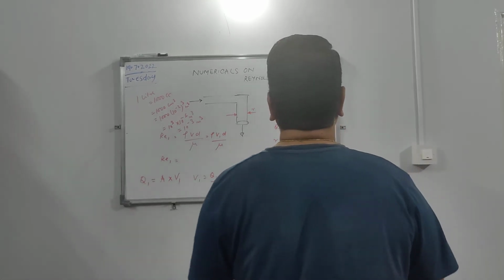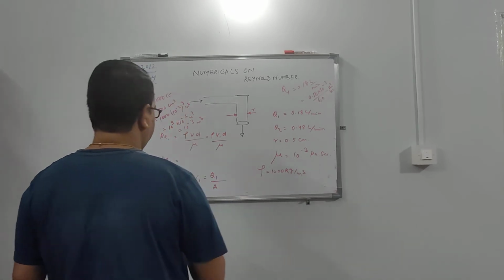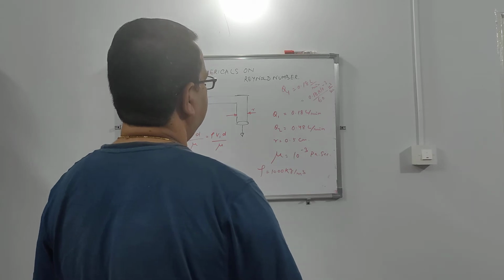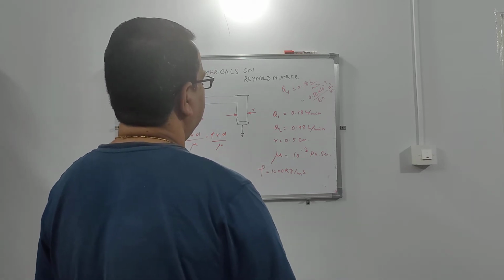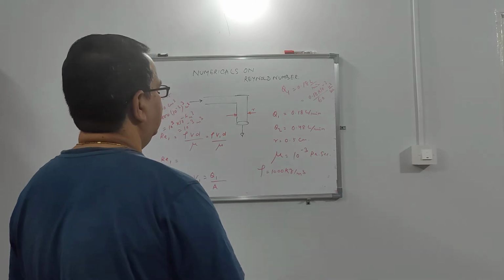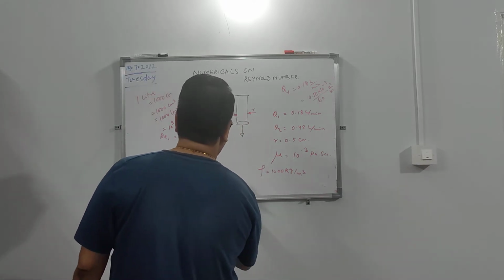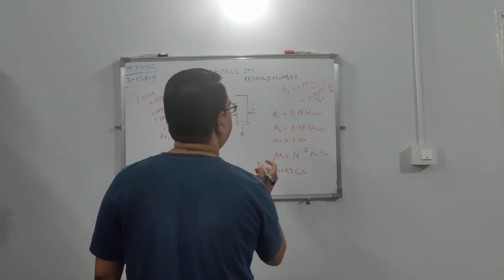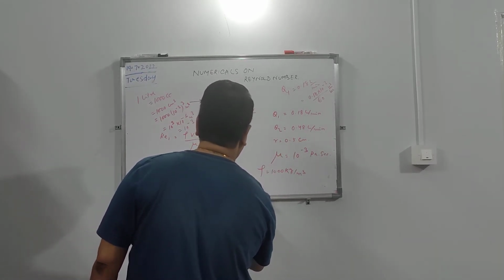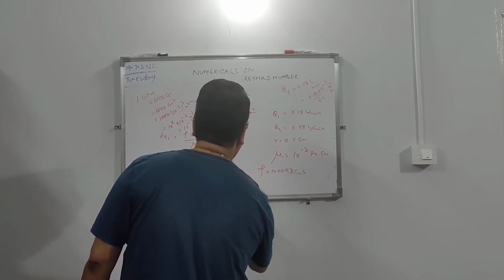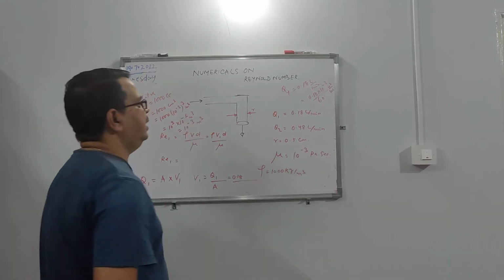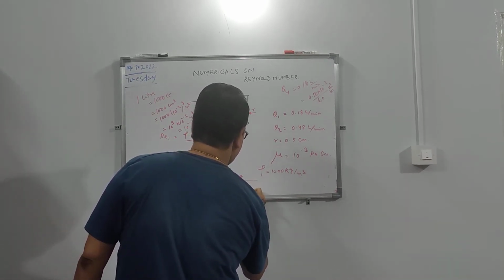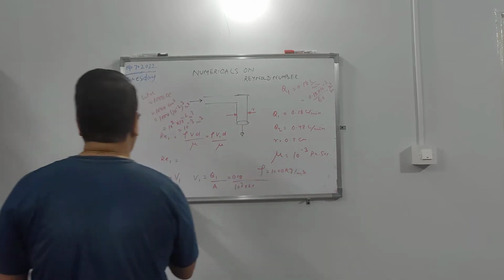Since it is 10 to the power minus 3, it will come to the denominator. So Q1 is equal to 0.18 divided by 10 to the power 3, into 60, in meter cube per second.